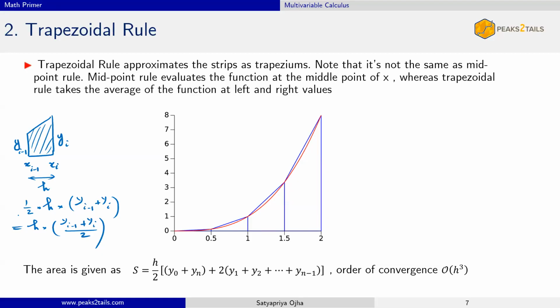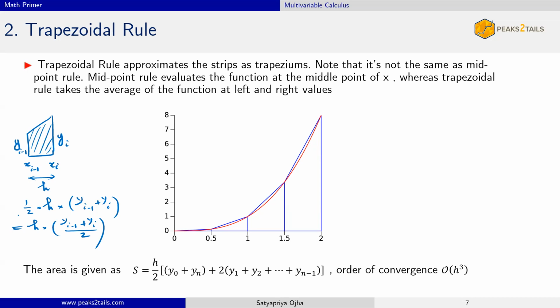Now, this is the one that Sachin was mentioning last time. Here we are taking the average of y's. Evaluate y at the left side, evaluate y at the right side, take the average of the y's. So two times you have to calculate the functional value, then take the average, multiply with height.